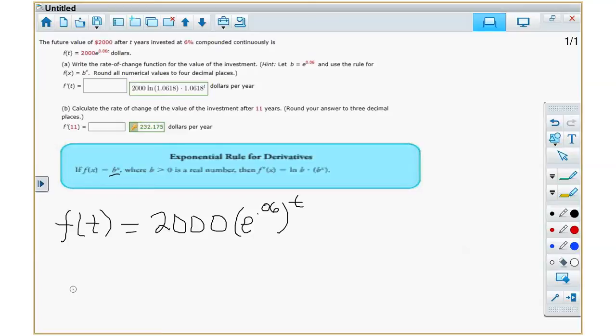So that's going to be f prime of t is equal to, and I'm just going to leave that 2,000 alone. I'm going to work with this right here.